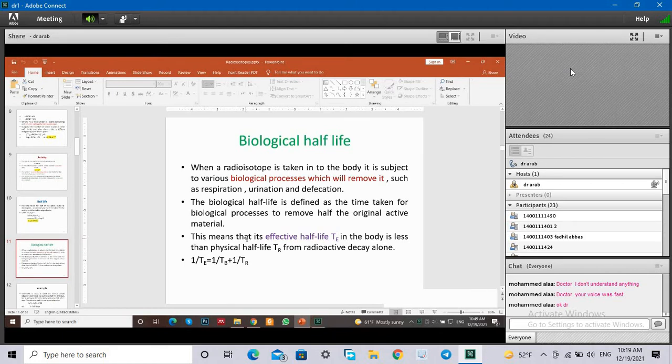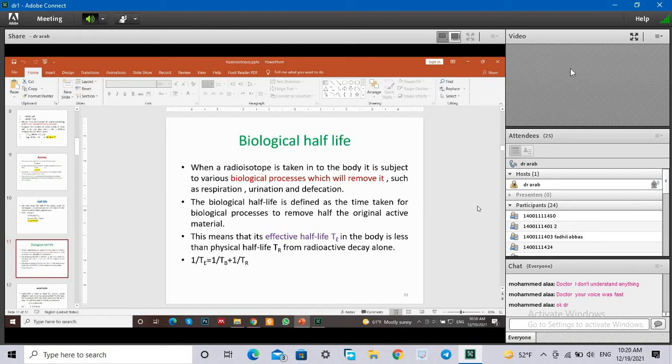When the radionuclide is taken into the body, the concept of half-life time changes. Not only do we have physical half-life time, but we also have another item called biological half-life time. Up to now, I spoke about the physical half-life time.